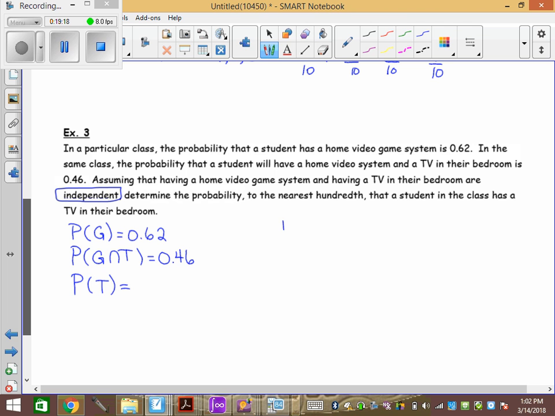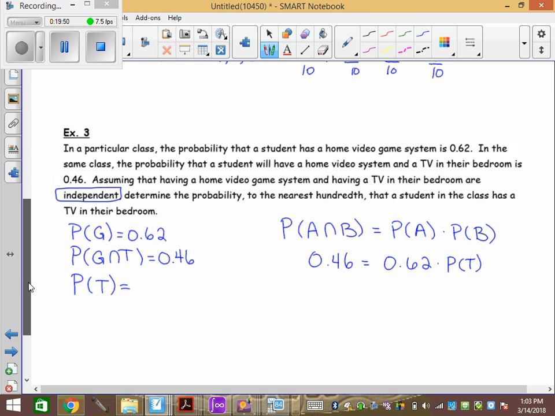So you would have the independent formulas P of A and B equals P of A times P of B. You guys know that already. What does and mean? Multiplication, correct? So when we have and, we can always multiply. So we have G and T. So instead of A and B, we have G and T. So 0.46 would equal 0.62 times P of T. We don't know what it is.